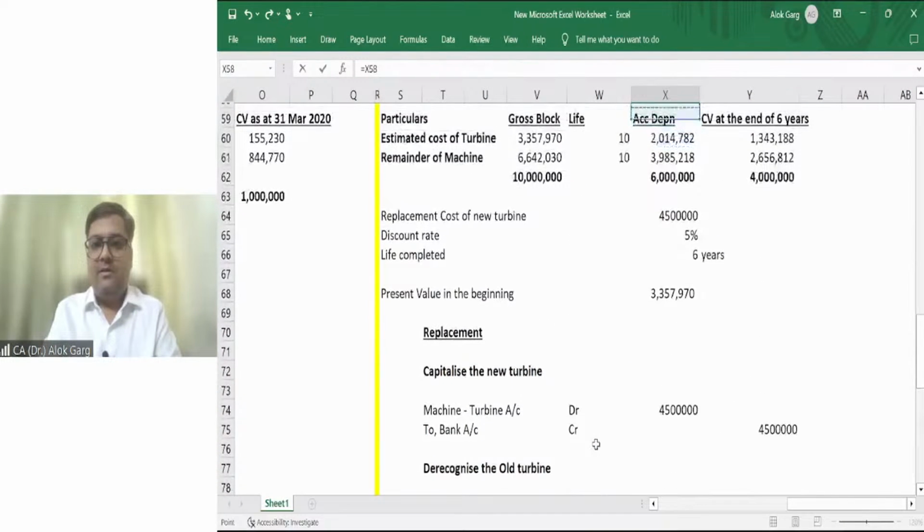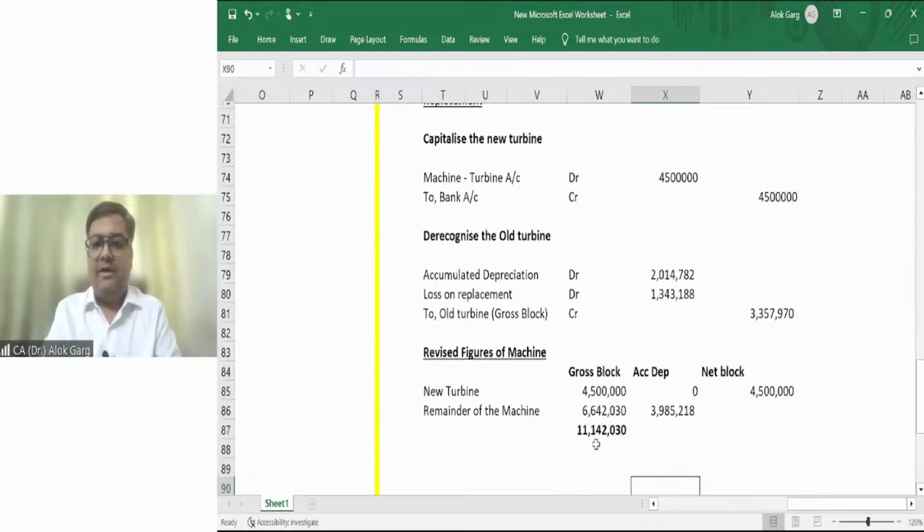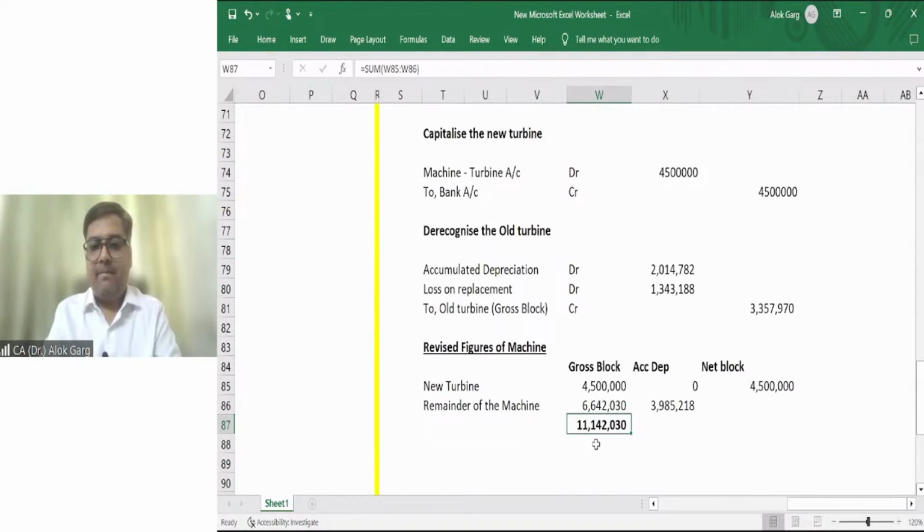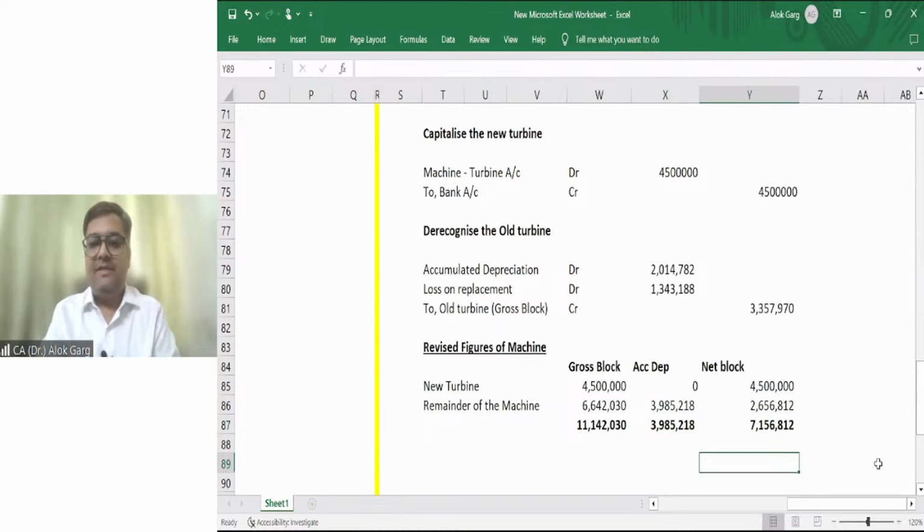It is 39,85,218. What is your carrying value? Your carrying value is this one. Your total net block is 71,56,812. This is how the revised value will be reflected.